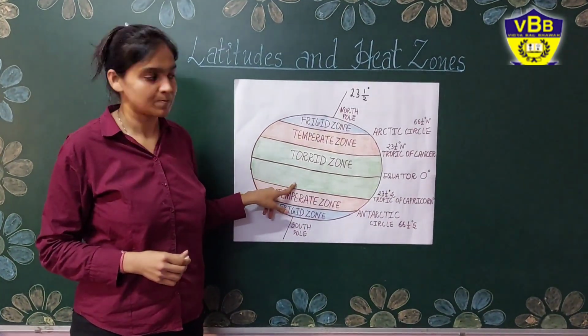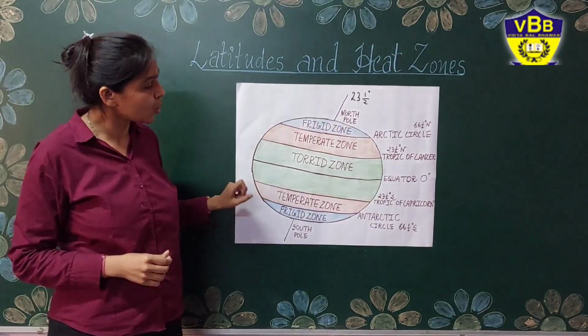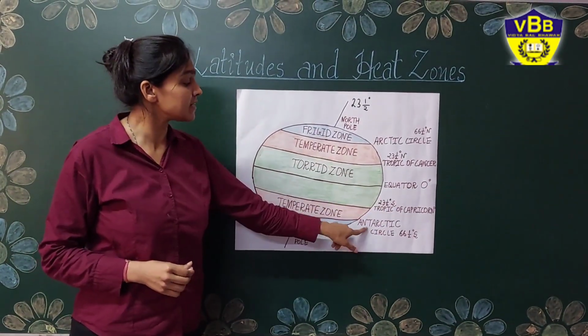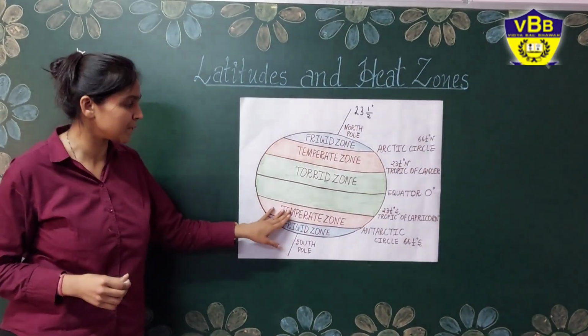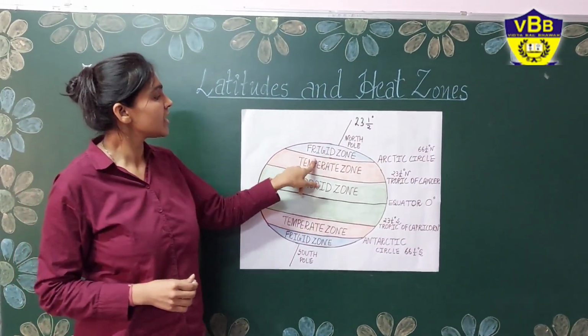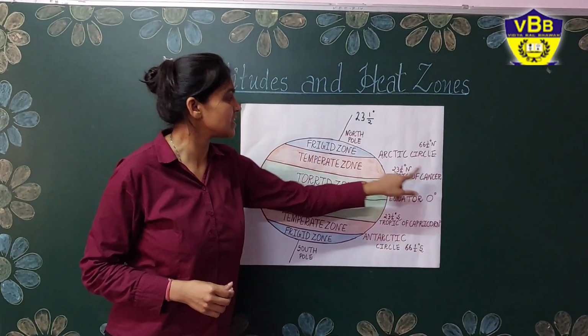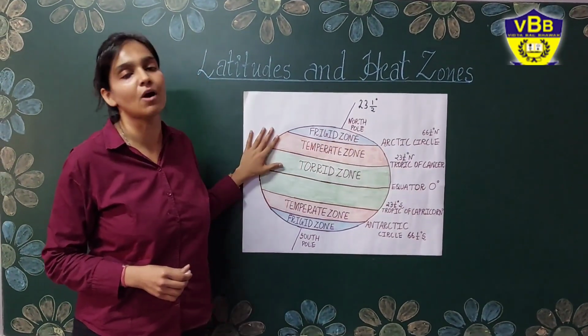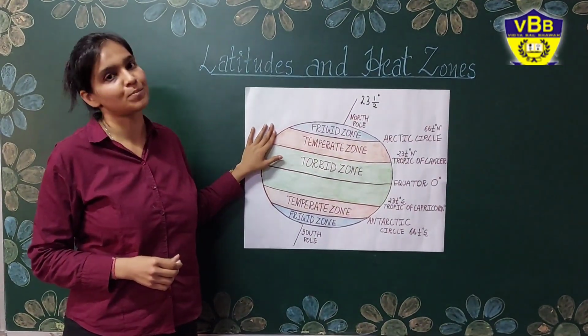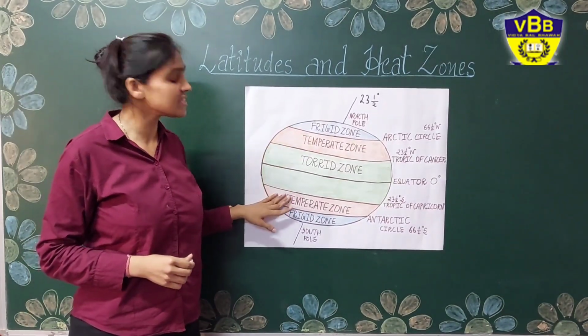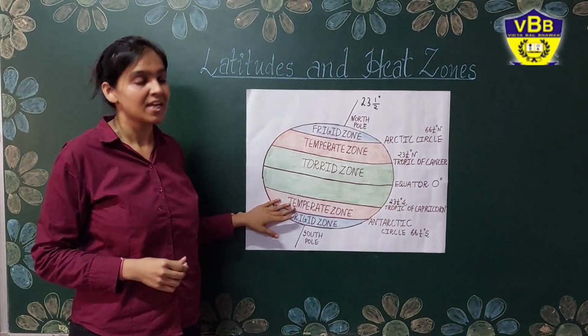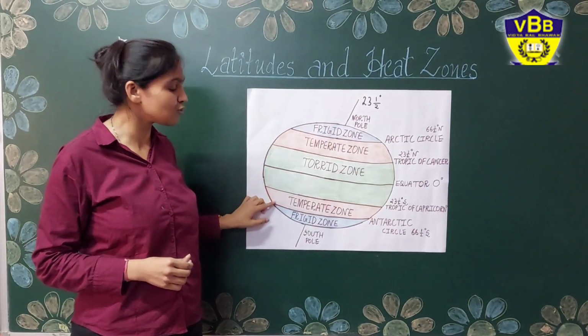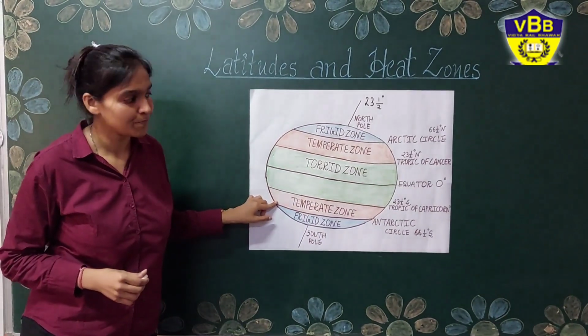Now, the zone between the Tropic of Capricorn and the Antarctic Circle in the south, and the zone between the Tropic of Cancer and the Arctic Circle in the north, are also known as temperate zones. These zones receive slanting heat of the sun. That's why the temperature in both the zones is moderate.